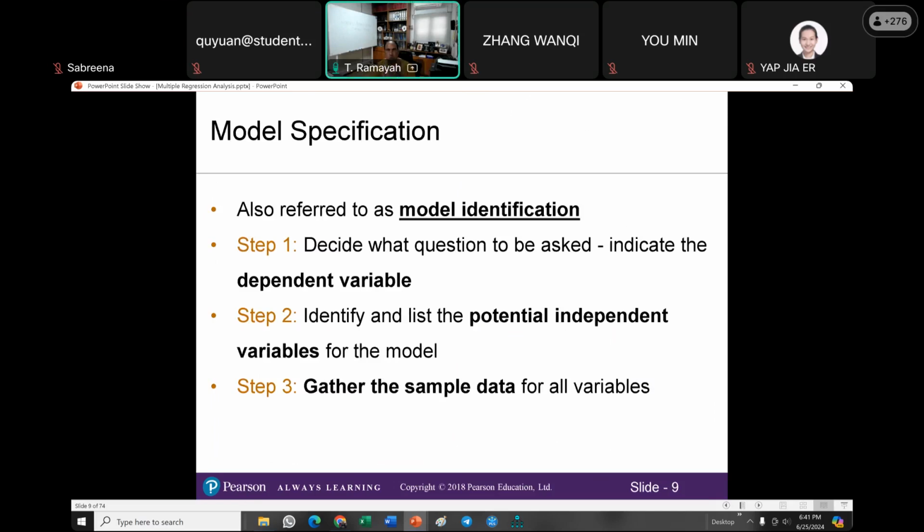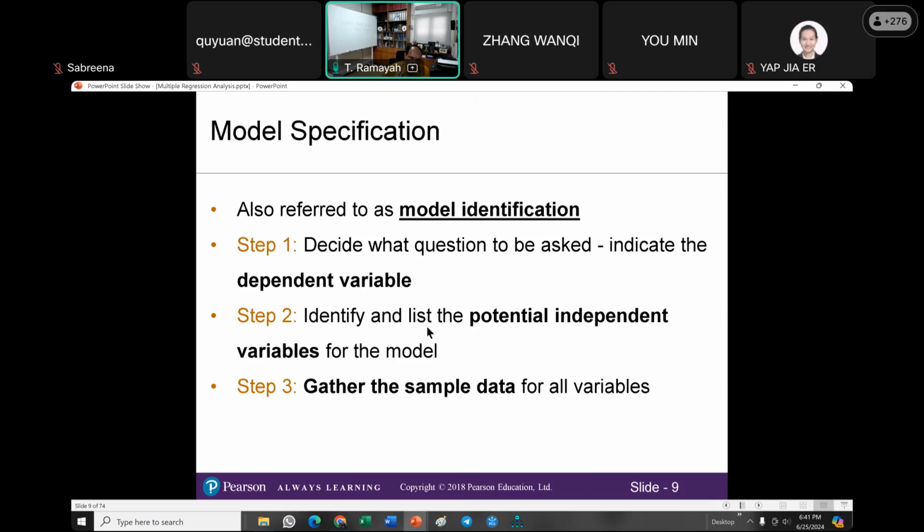Step number 1 in your model identification is to indicate the dependent variable. In your project, one of the dependent variables will be satisfaction. Another dependent variable will be intention to use, or actual use.